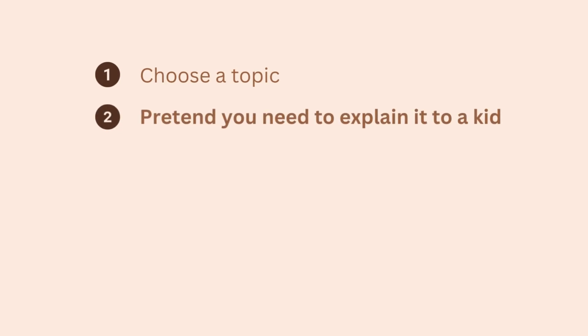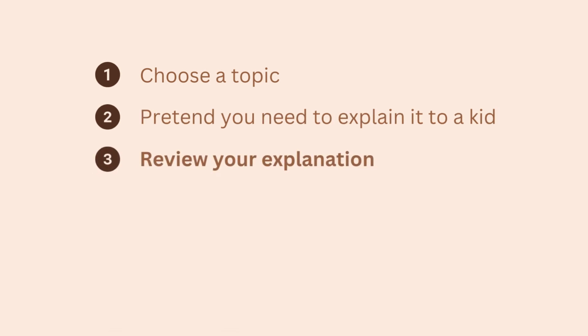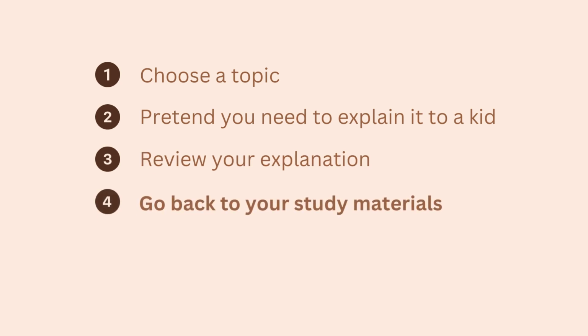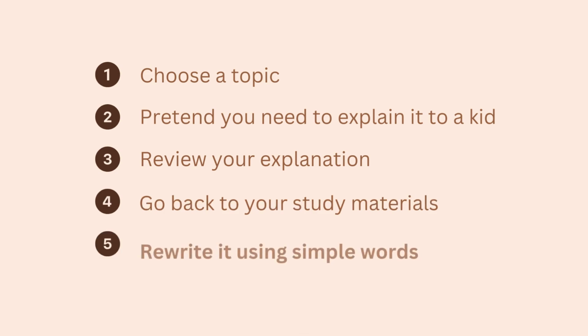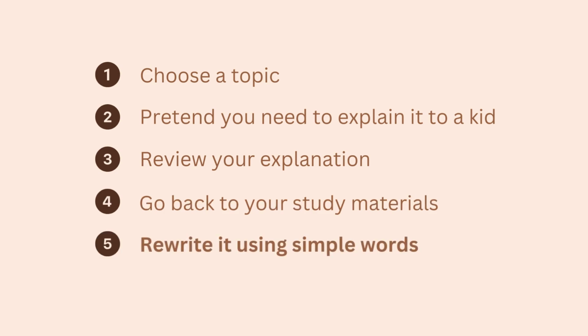Then pretend you need to explain it to a kid. After that, take some time to review your explanation and see whether anything sounds confusing. Once you pinpoint the gap, go back to your textbooks, notes, or PowerPoint to enhance your understanding. And the final step is rewrite your explanation in simple words.